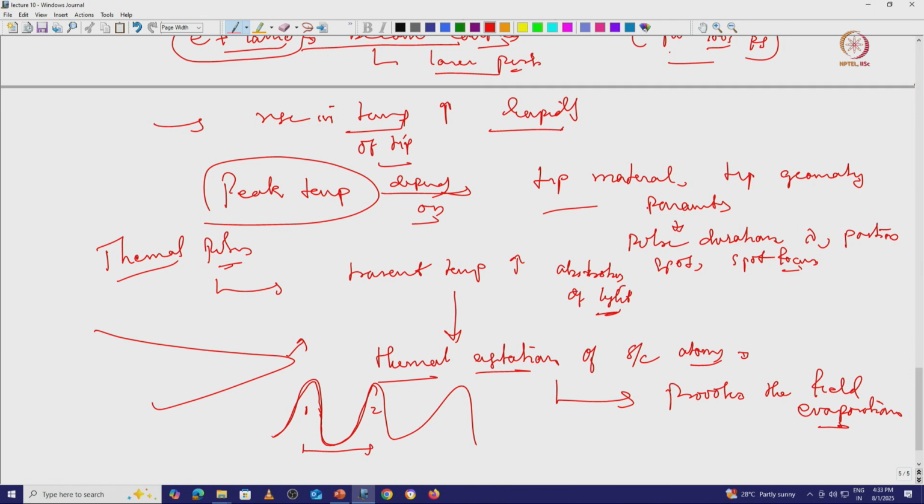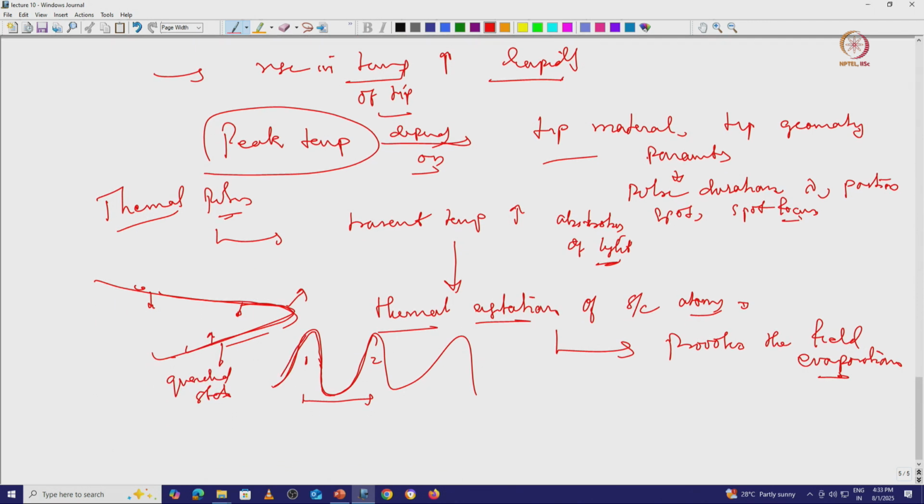So it means that as the tip surface is heated, as the surface gets heat, it will propagate towards the inside of the specimen. So your surface will be treated as a quench state, okay. So there is a successive increase and decrease in the temperature with the laser pulse. This is called thermal pulsing.